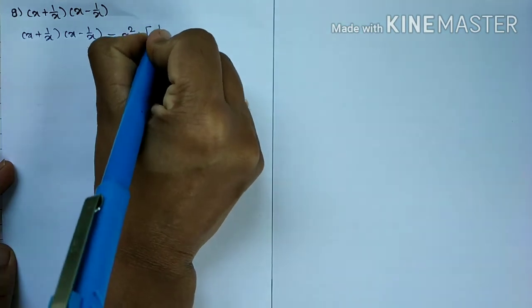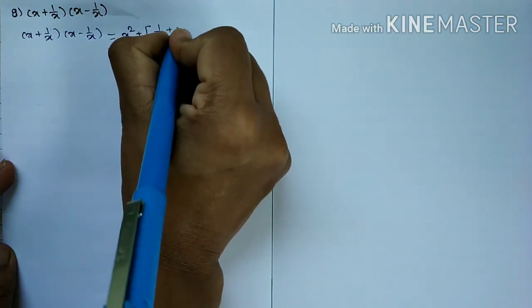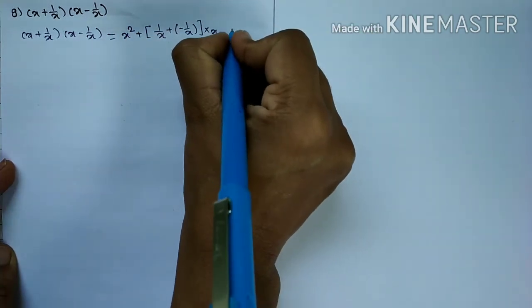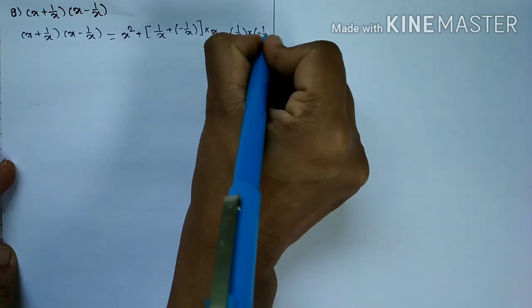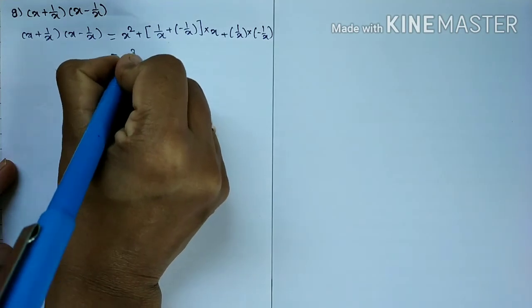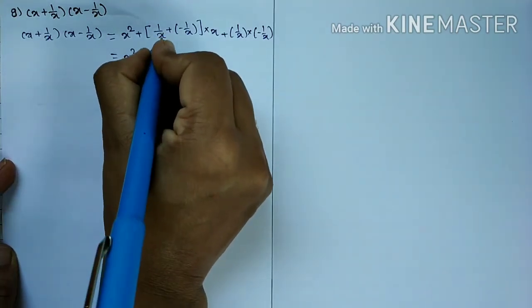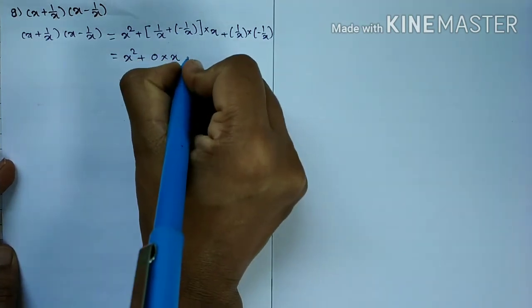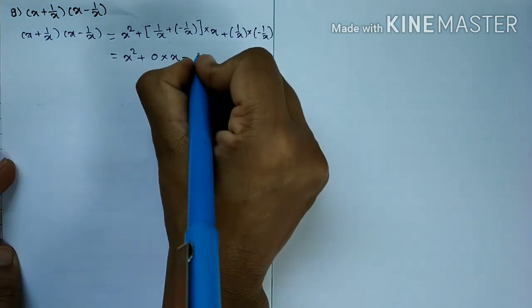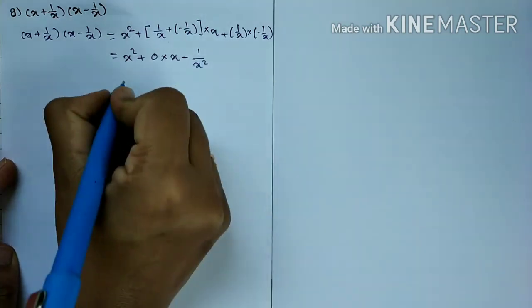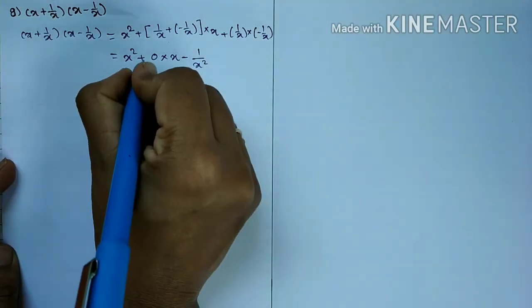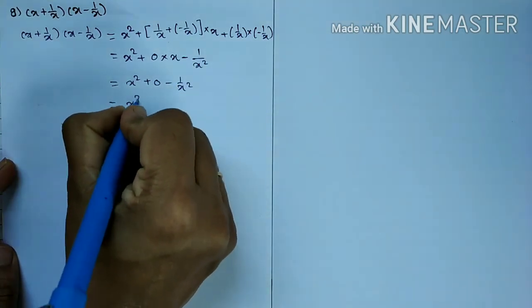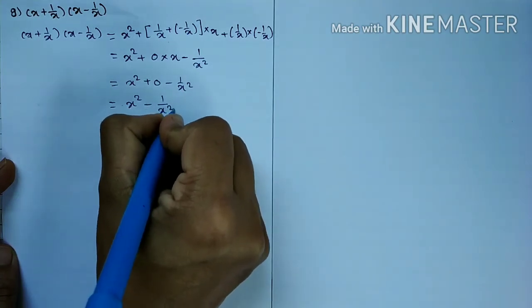plus 1 upon x plus minus 1 upon x into x plus a into b, that is 1 upon x into minus 1 upon x, is equal to x square plus 1 upon x plus minus 1 upon x, that is 0 into x plus minus is minus 1 upon x square, that is equal to x square. 0 into x is 0, minus 1 upon x square, which is equal to x square minus 1 upon x square.